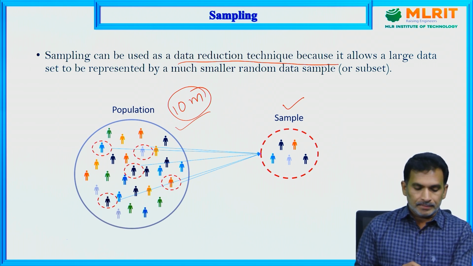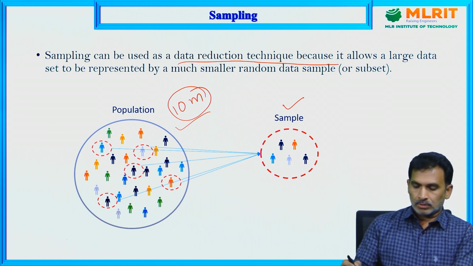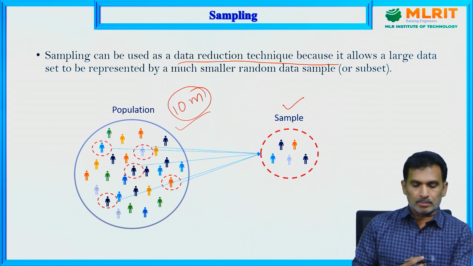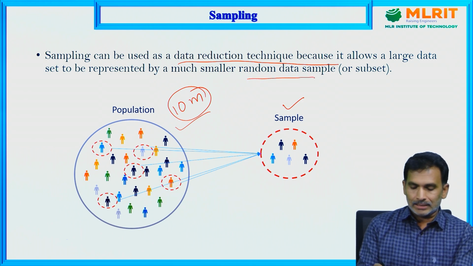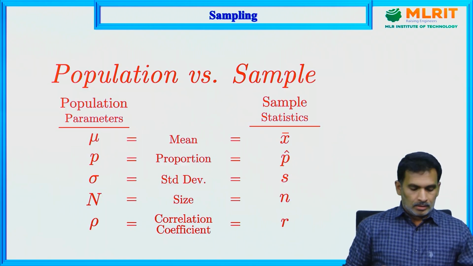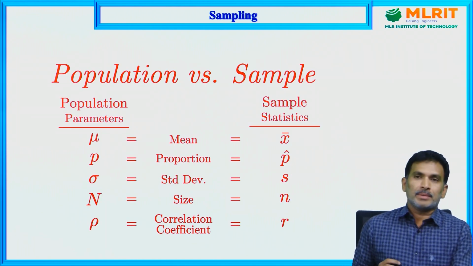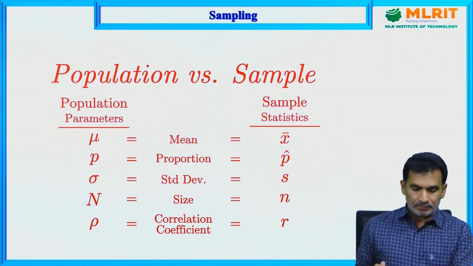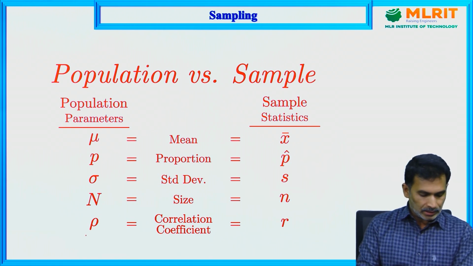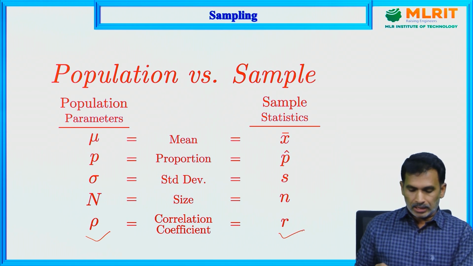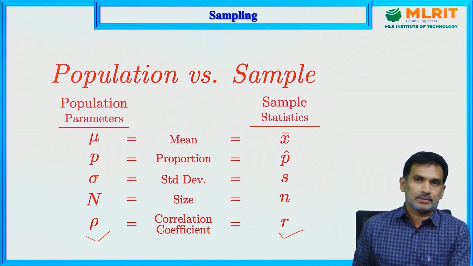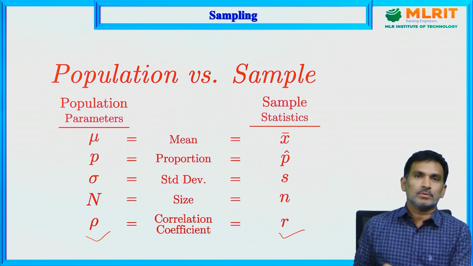That is why it reduces the data size: a larger data set is represented by much smaller data samples or subsets. These are the parameters: on the left are the population parameters, and these are the sample statistics. The parameters related to the samples we call statistics.